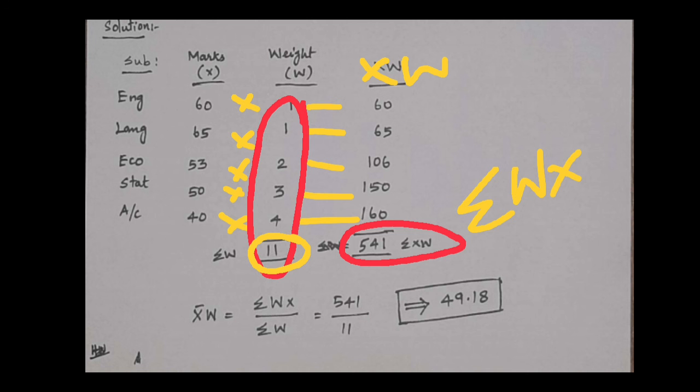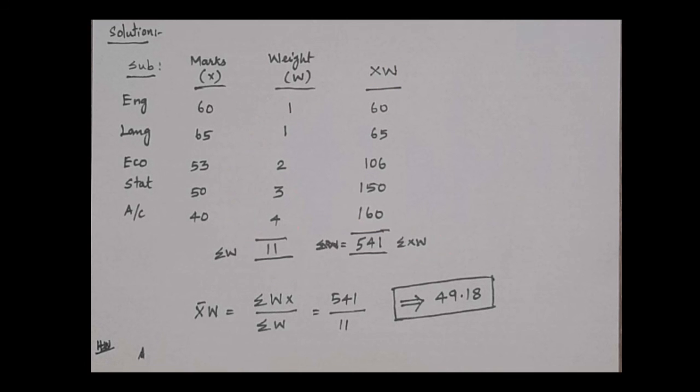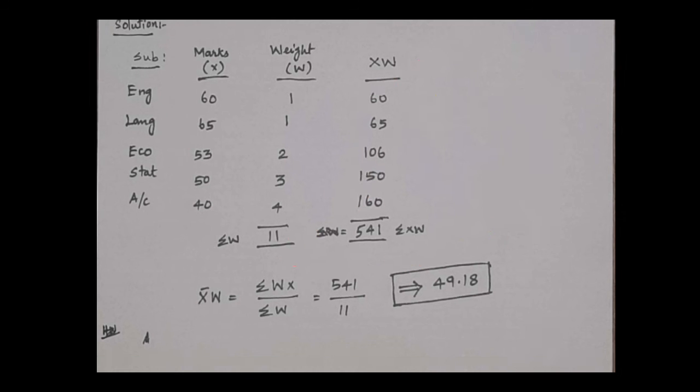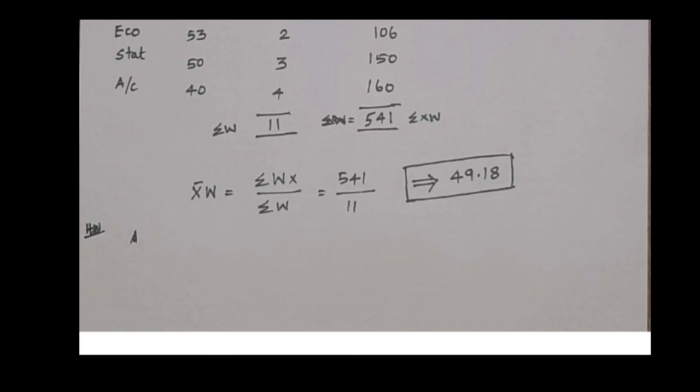So this is the total we got as sigma wx. We need only two pieces of information based on the formula, sigma xw divided by sigma w. Sigma wx we already calculated, and sigma w also we calculated, which is 11. So we have to calculate the weighted arithmetic mean. For the normal mean we used only the mean symbol.